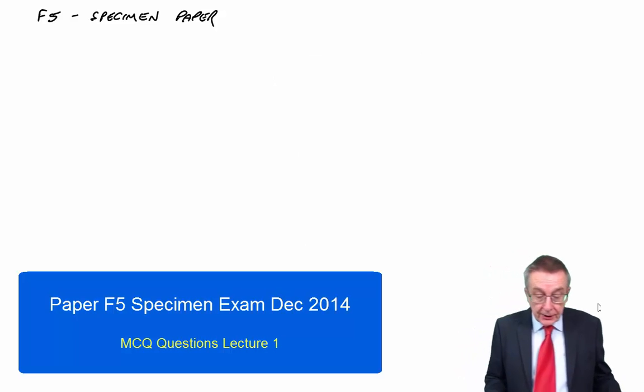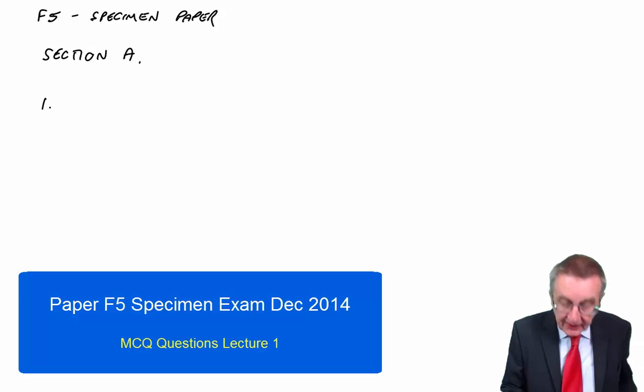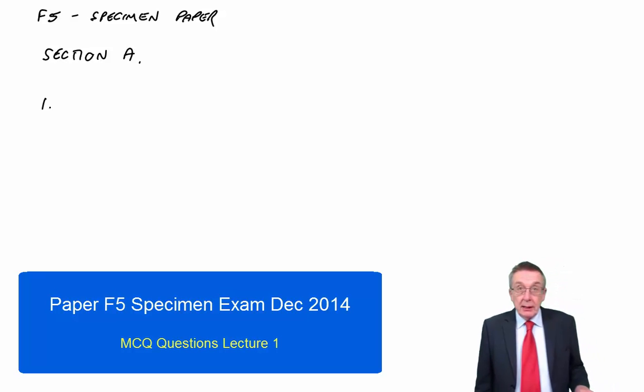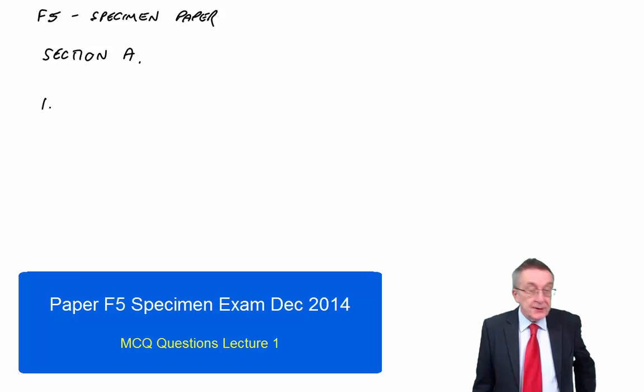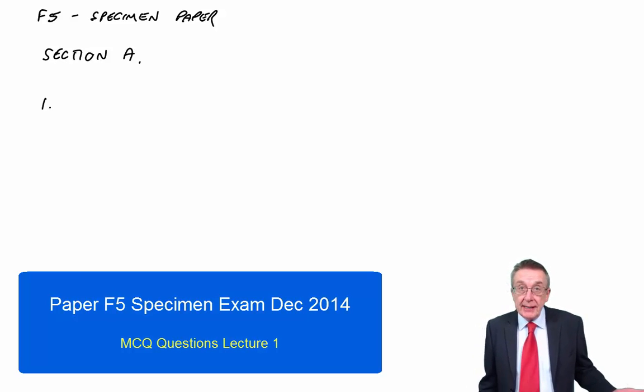Okay, let's start going through the questions. First of all, section A, the multiple choice section, one by one. And the first few are very short. They're all statement ones. Because they're fairly short, it shouldn't take you long to read it.